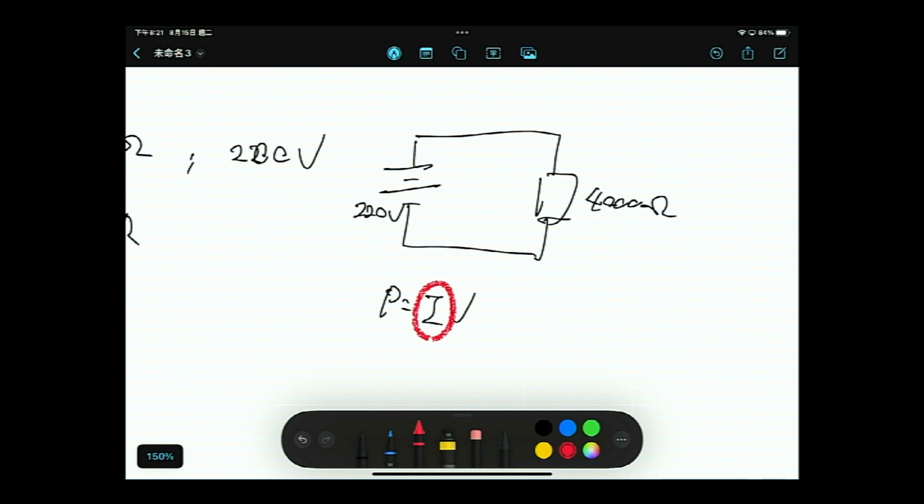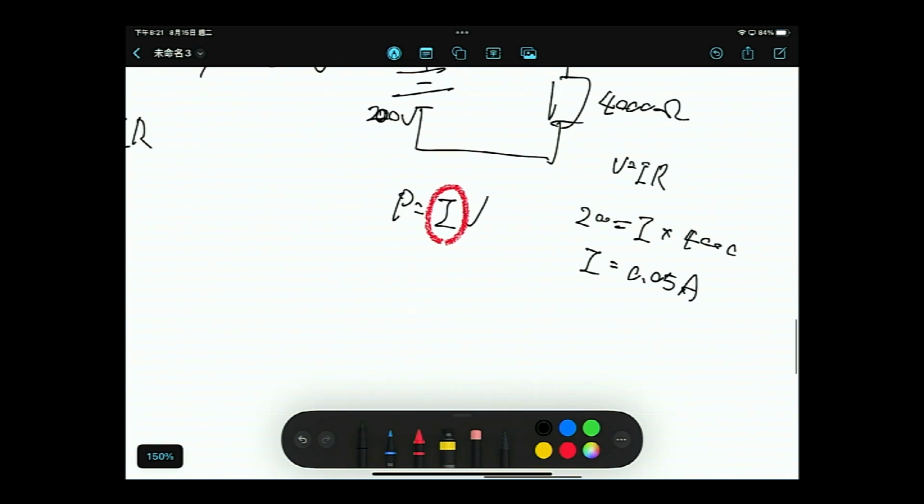How to find I? Once again, our old friend Ohm's law, V equals IR. V is 200, so 200 equals I times 4000. So what is I? I should be 0.05 ampere. So P equals IV.